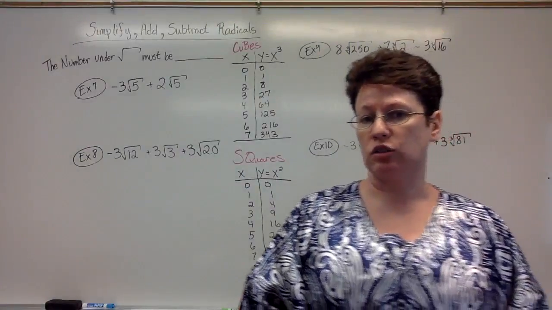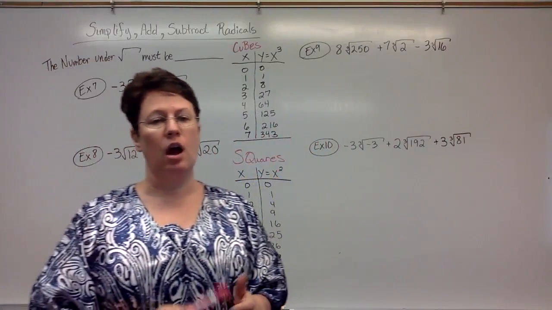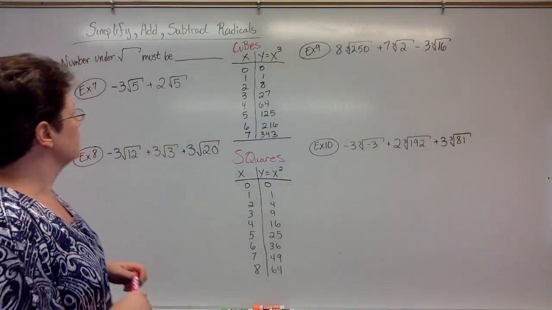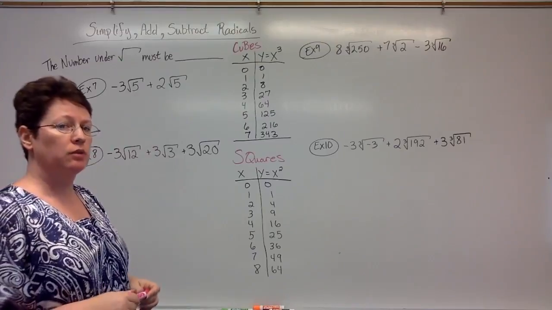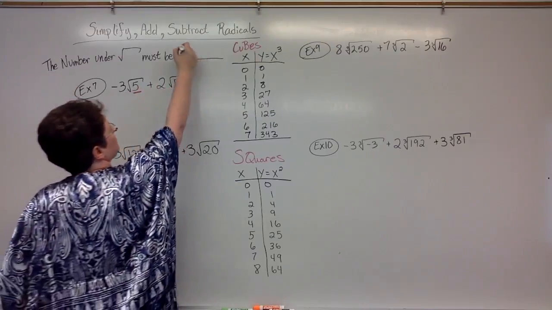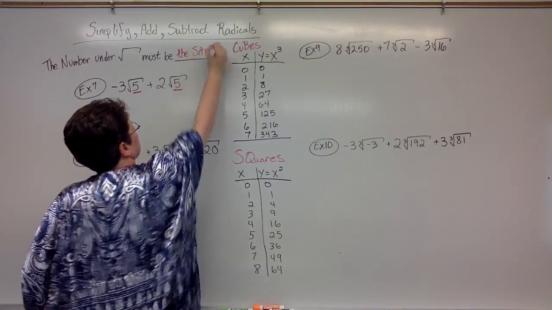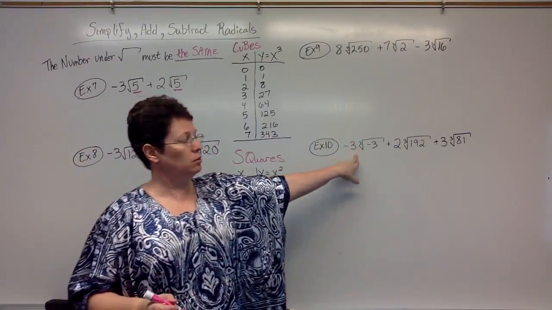Addition and subtraction. Look at examples 7 through 10. All of them are addition and subtraction. What do you have to have in order to add or subtract the radicals? The number under the radical must be the same. It doesn't matter if it's a square root or if it's a cube root.